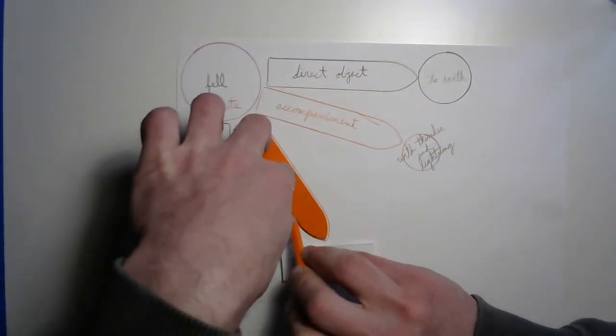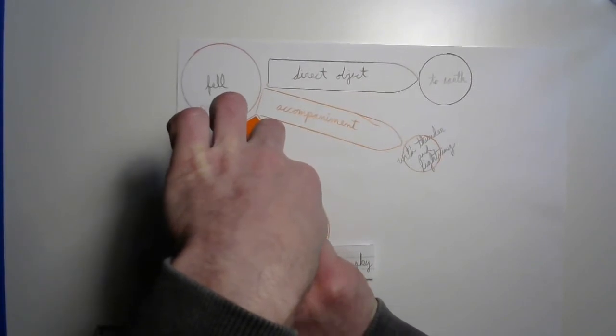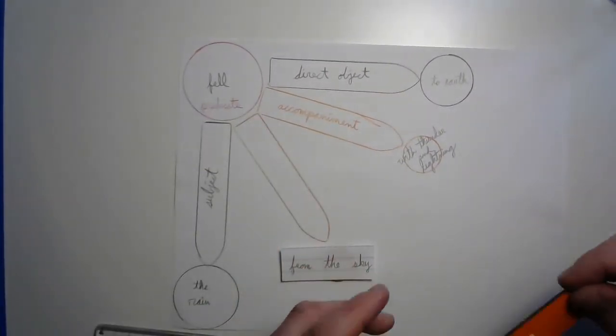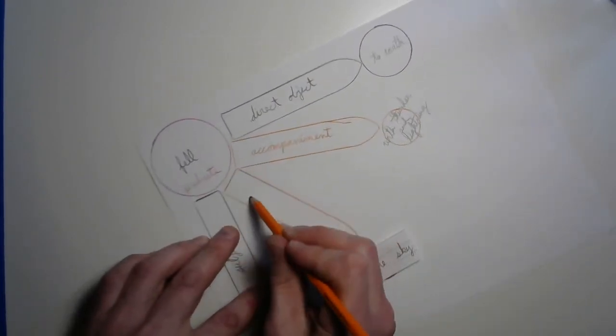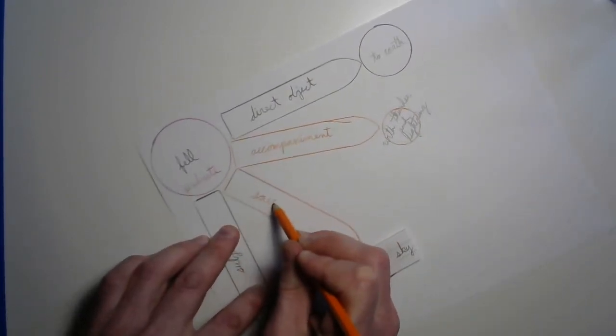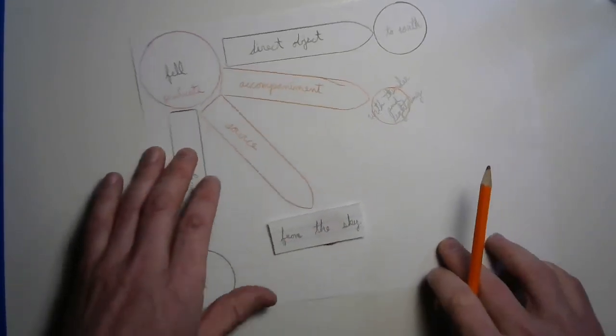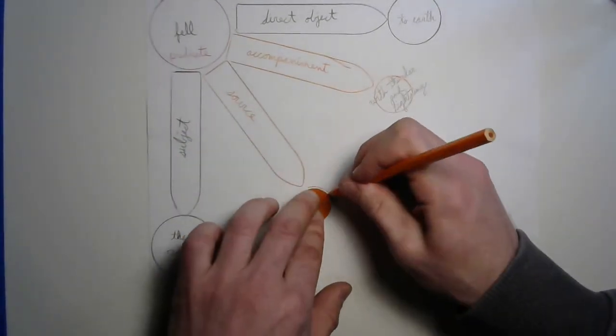And there we go. That is the adverbial extension of source. And here's our last circle.